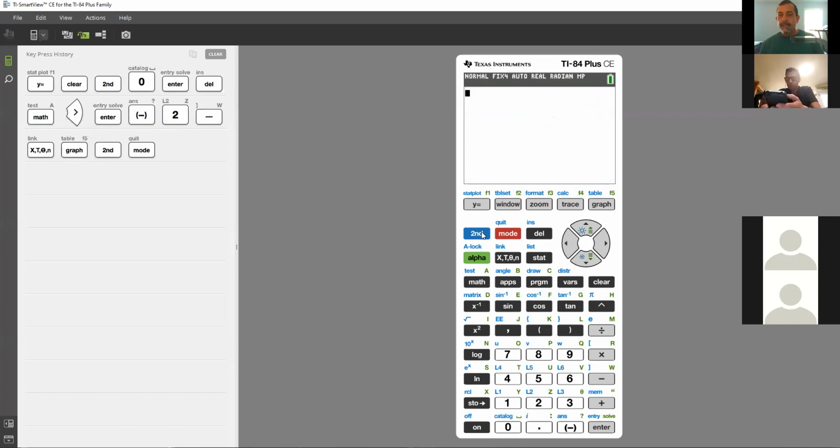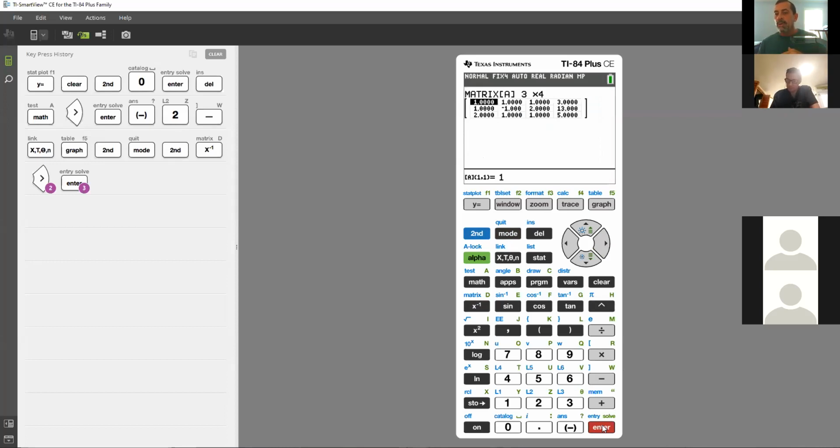So hit the second button, x negative 1, arrow right to edit. And when you get on edit, hit enter. So we've got a 3x4 matrix already. So I'm just going to hit enter on 3, enter on 4. Remember, it's the number of rows times the number of columns.